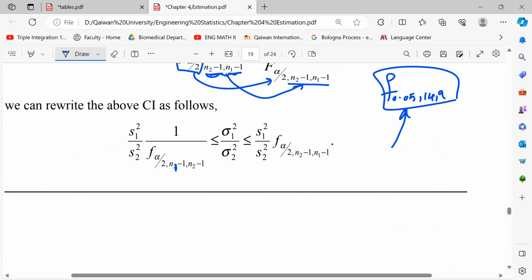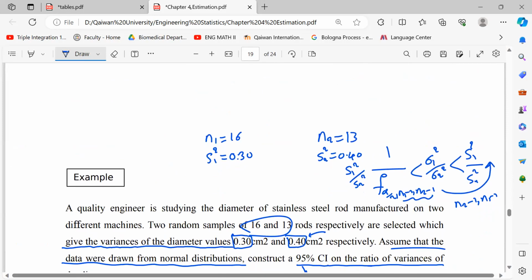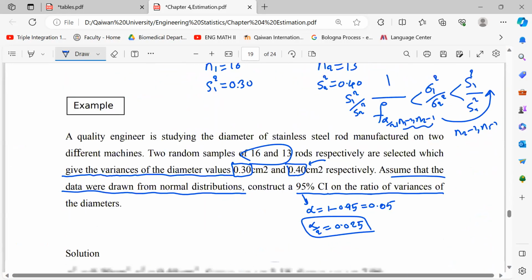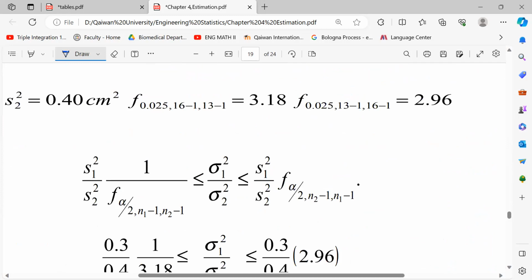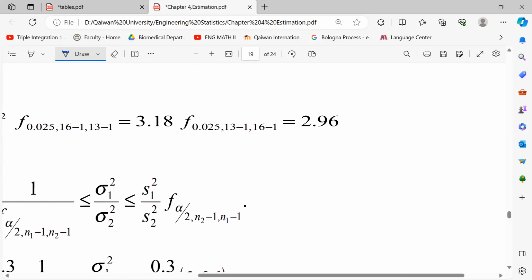S1 squared over S2 squared is 0.30 over 0.40 times 1 over F of, I am writing down here.